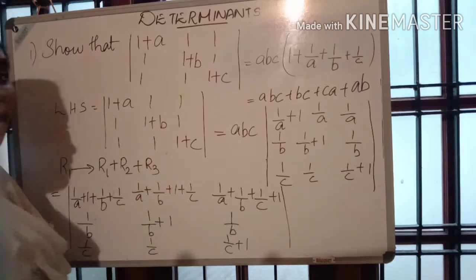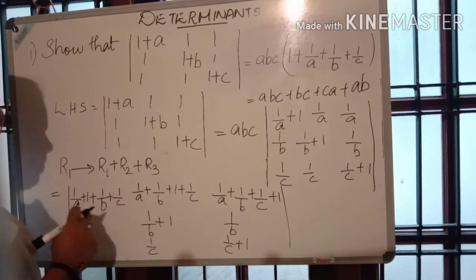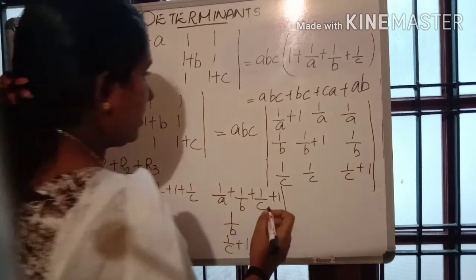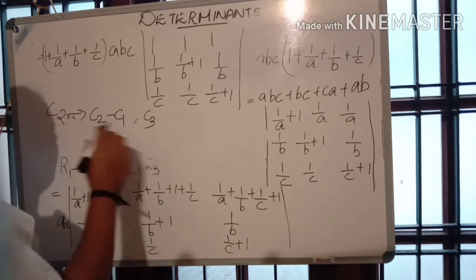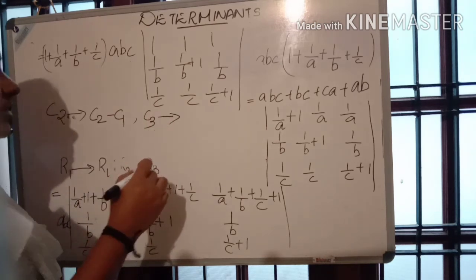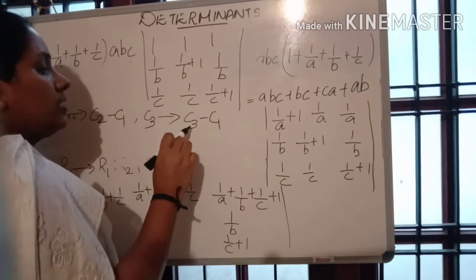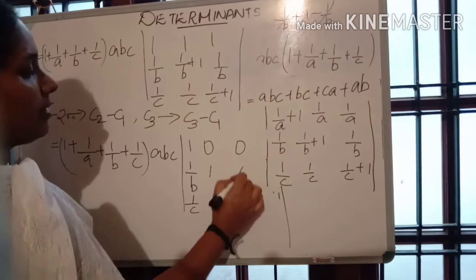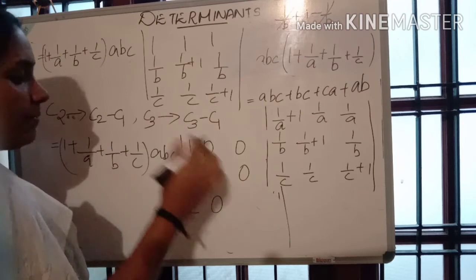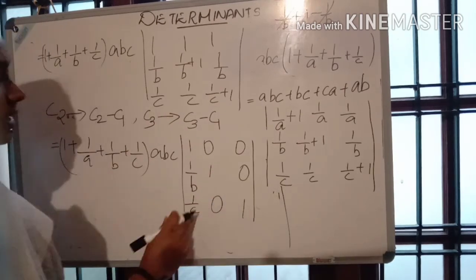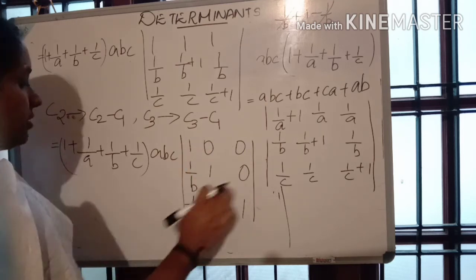Row 1 are common: 1 by a plus 1 by b plus 1 by c plus 1. So we can take this outside, and next we have to change column 3 by subtracting c3 minus c1. We'll get 0. 1 by c plus 1 minus 1 by c, we get 1 over here. Next we have to find the determinant for this one.